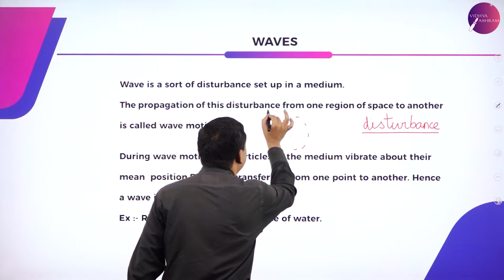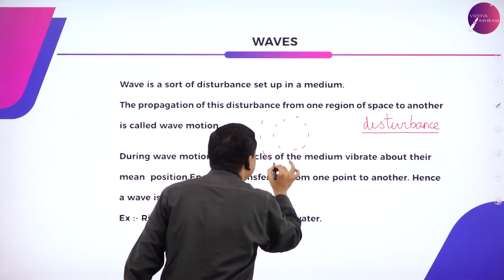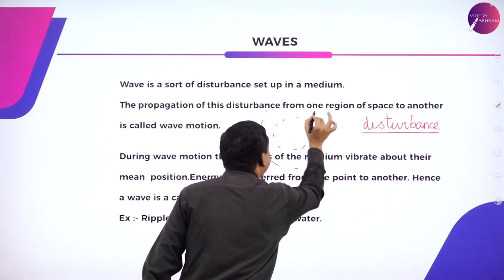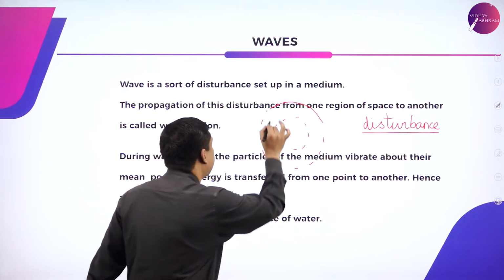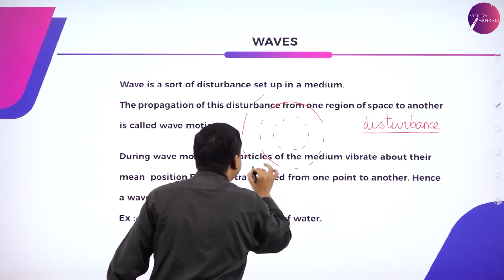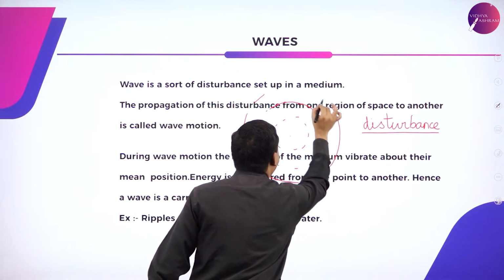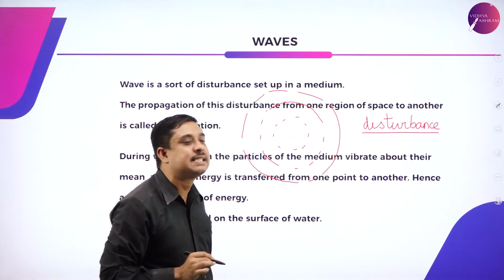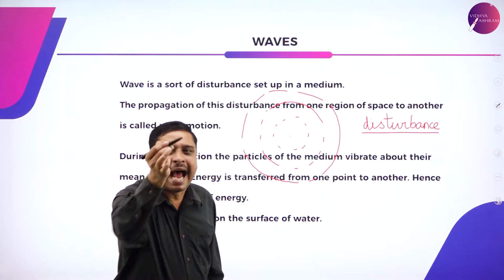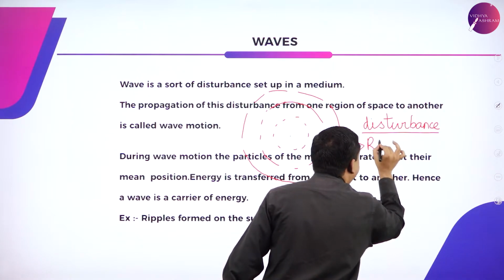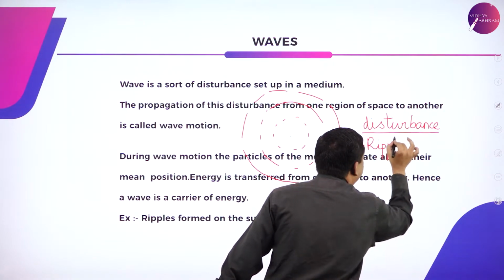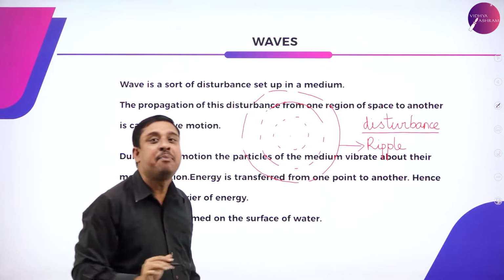Thereafter, the next immediate region is disturbed. Again, the next immediate region is disturbed. And as you have studied, this circular pattern is what we call a ripple.